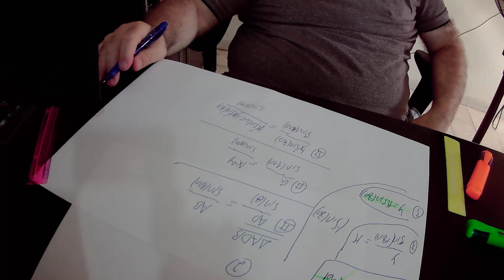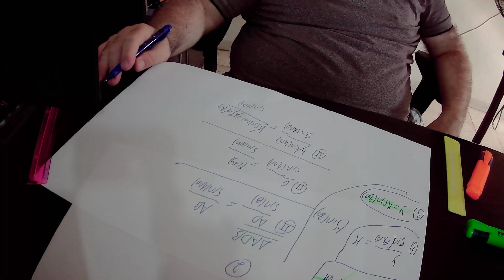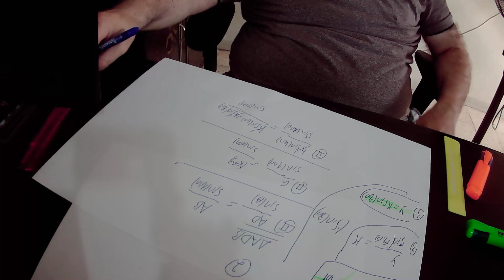What is left for equation number 2 after we cancelled k?